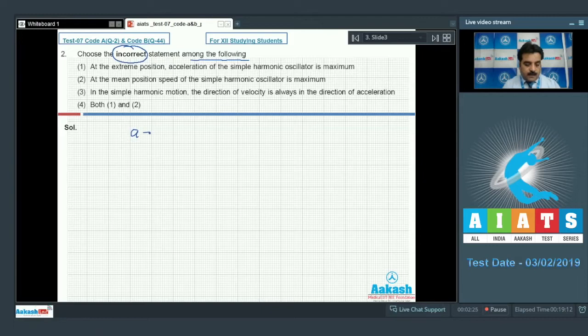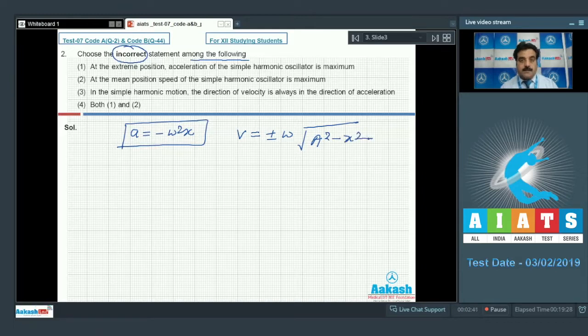You know the acceleration is minus omega square x. This is the SHM equation and condition for SHM. And you know the velocity in SHM is given by plus minus omega root of a square minus x square, where x is the position and a is the amplitude. In simple harmonic motion, by these two, we can say acceleration is maximum at the extreme position.